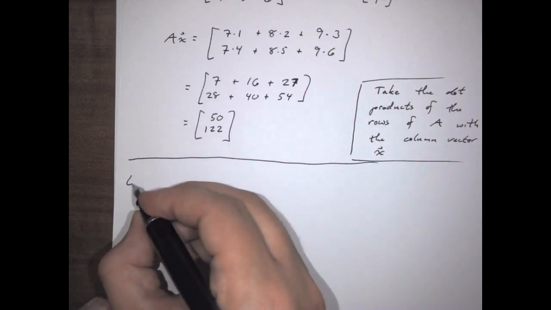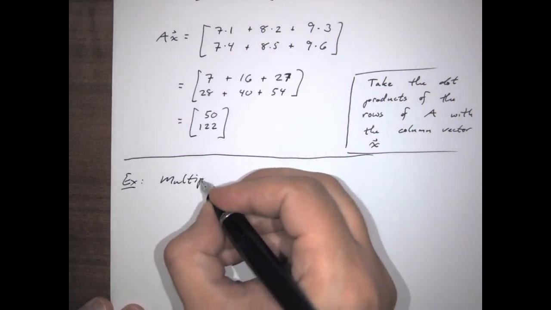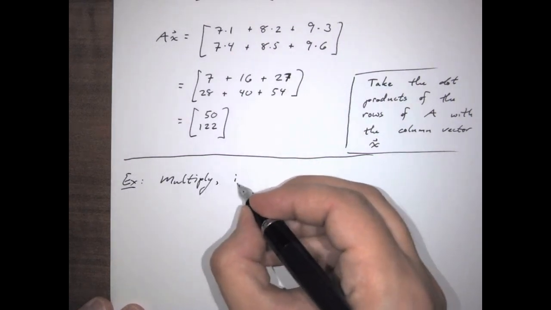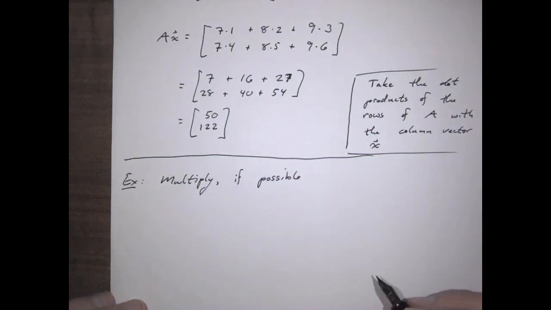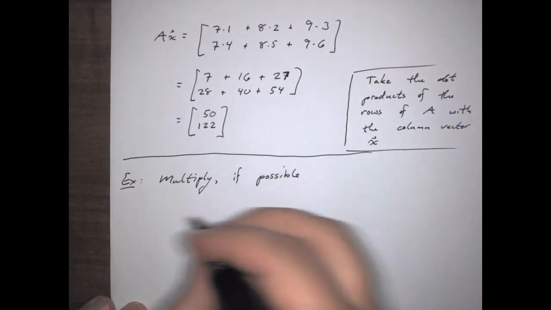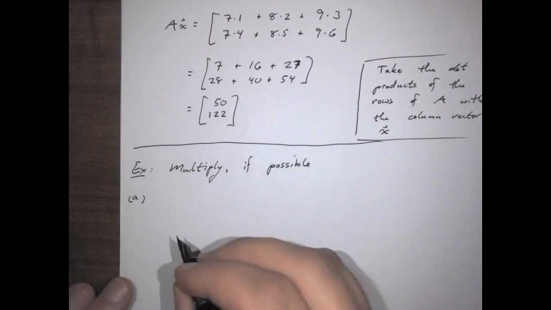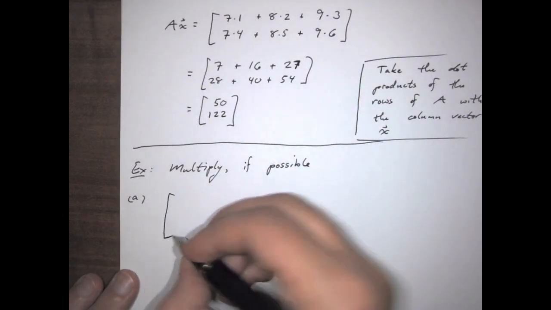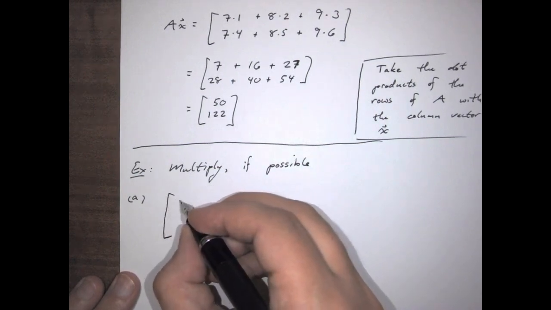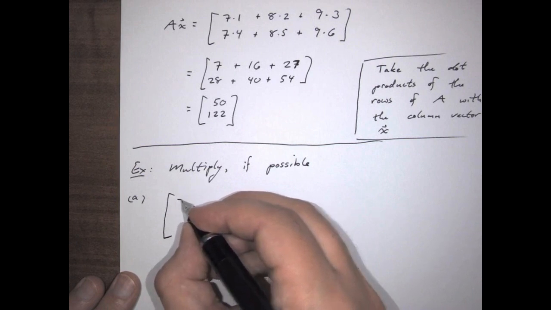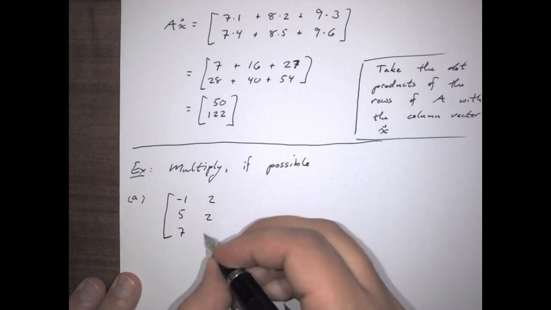Now let's try an example. Multiply, if possible. Let's try an example of a multiplication done by the row vector rule, if we can. Say we have a 3 by 2 matrix: -1, 5, 7, 2, 2, 6.